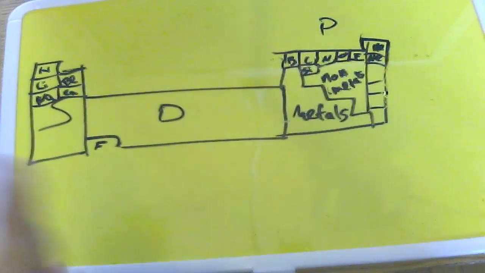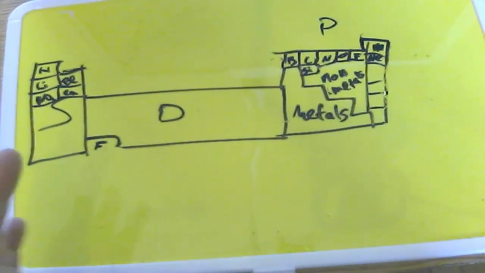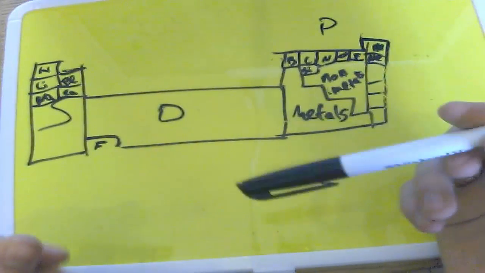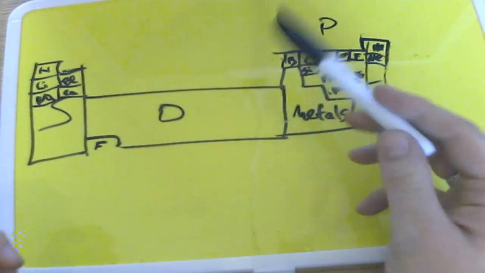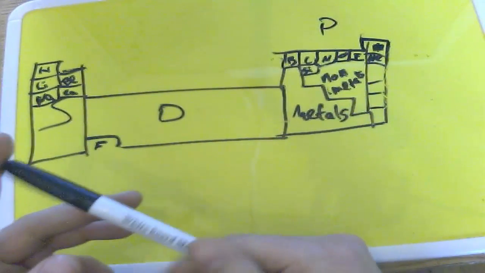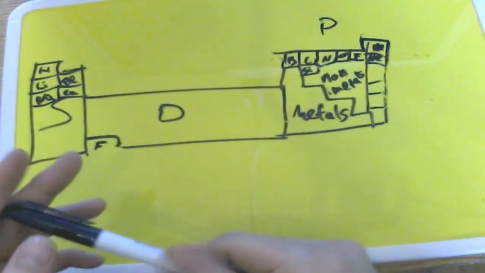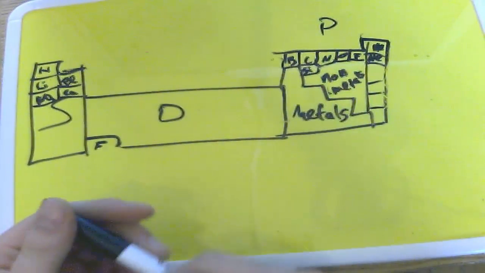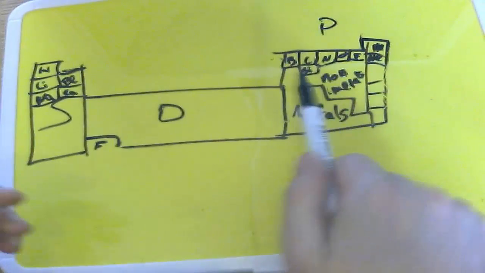Anyway, on to the more important part of this section, calculating the average atomic mass of atoms, or of elements rather. Okay, so for this example, we'll take silicon.